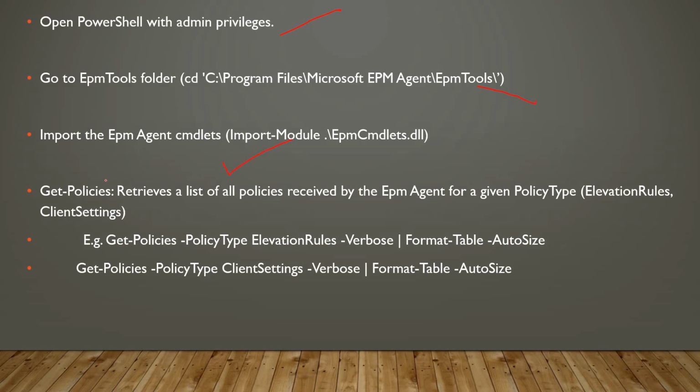Once I've imported this module, I can use commands like Get-Policy, and the policy type can be elevation rules or client settings. This is telling you what you could have found out from the registry as well, but this is better to look at.